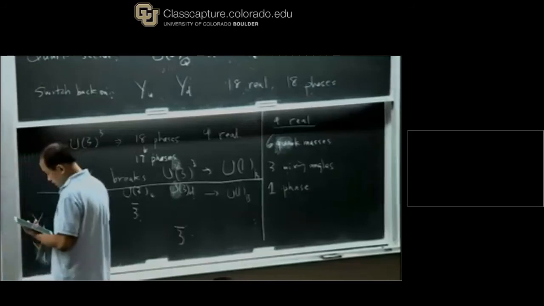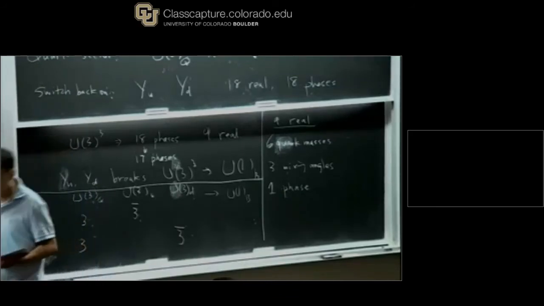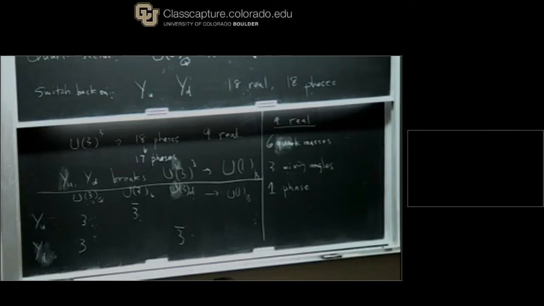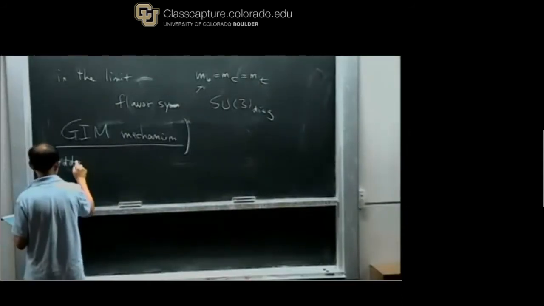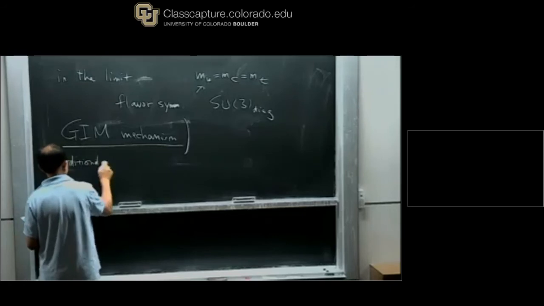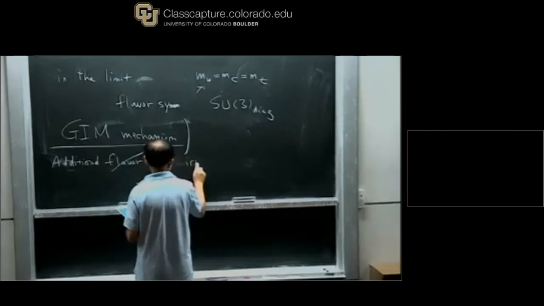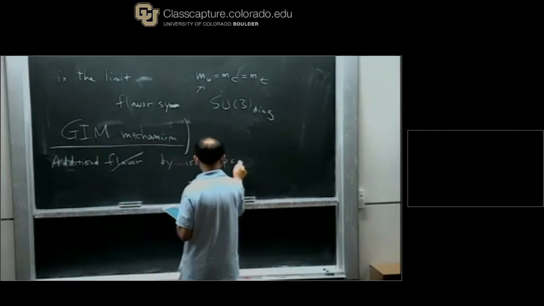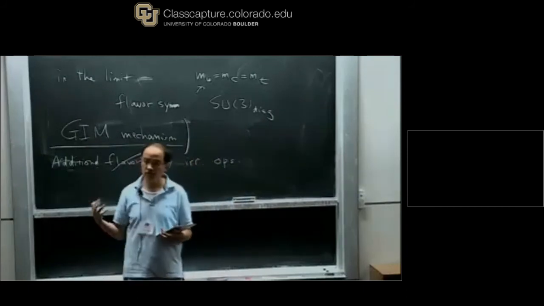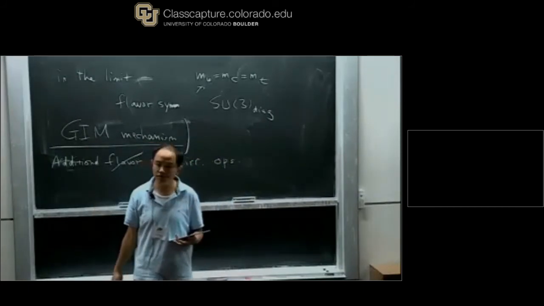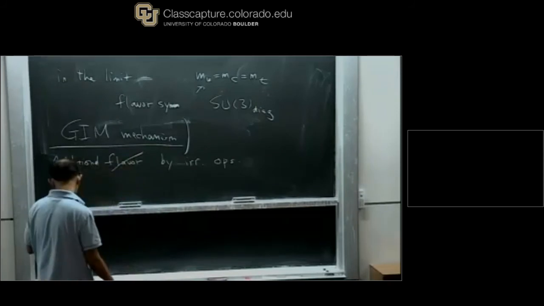On the other hand, you can also imagine irrelevant operators give you an additional source of flavor violation, additional flavor violation by irrelevant operators. Just like I can break baryon and lepton number by writing down additional irrelevant operators, I can also do this with flavor.